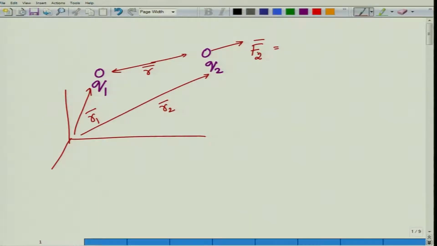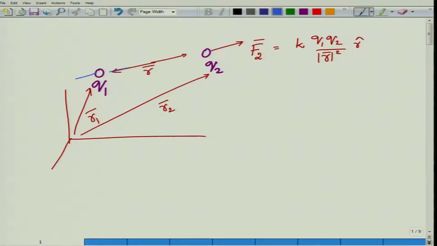So this force that you observe on charge Q2 because of charge Q1, and of course it's a mutual force, just as Q2 would experience a force from Q1, Q1 would also experience a force because of Q2, was given by some constant k, Q1 Q2 divided by the magnitude of this vector r squared, and it would be in the direction of the unit vector that joins the two charges.